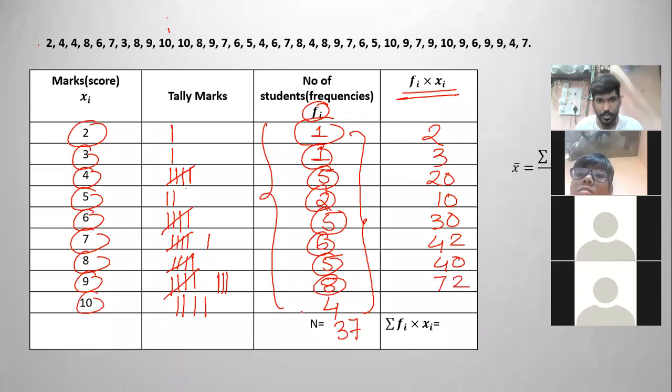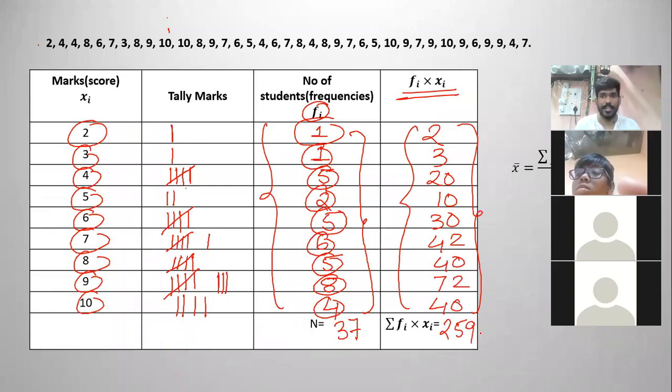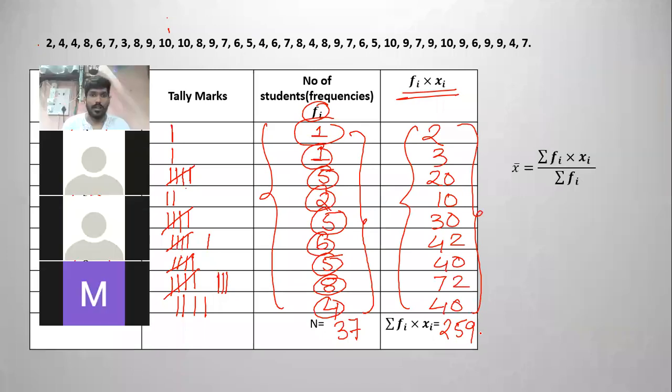And last 10 into 4, 40. Now you have to add all the values in this last column. Total 259.